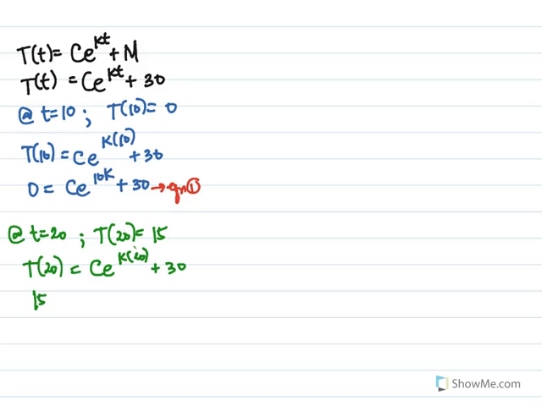So 15 Fahrenheit is equal to Ce to the 20K plus 30. So we call this equation 2.